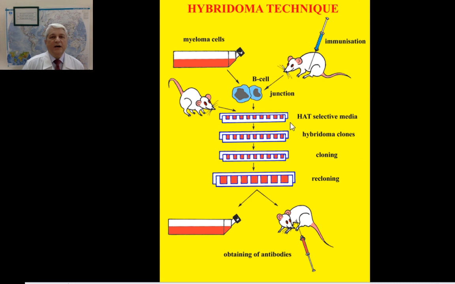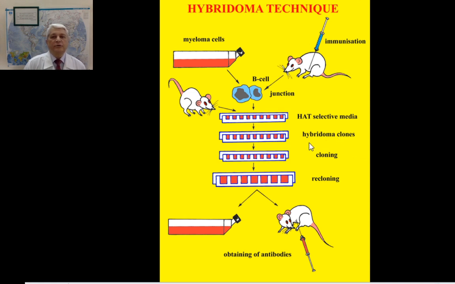But among these hybrids, which we now have in many test tubes, there are hybrids that produce antibodies and hybrids that do not produce antibodies. Now we must find test tubes with cells which are producing antibodies. How to do this? On the next figure, you have new test tubes in which we have only hybridoma clones.